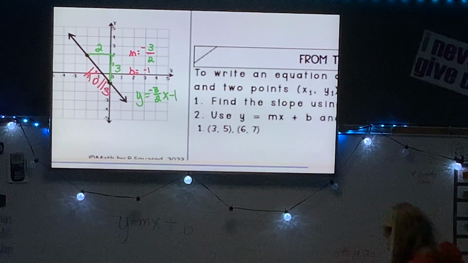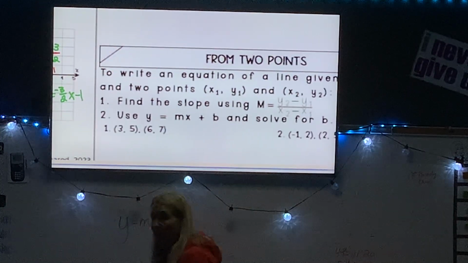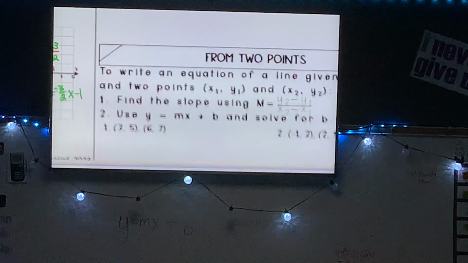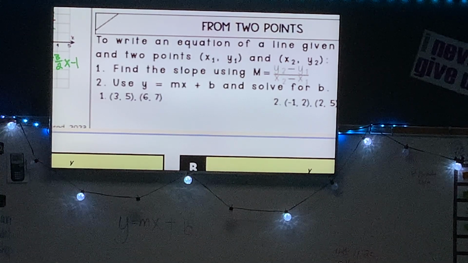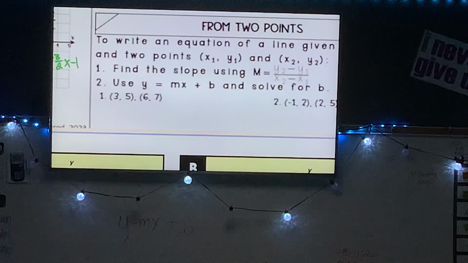Okay, now over here we're going to go from 2 points. Well, what is the first thing I must do if I have 2 points? What must I do? Don't I have to make a table?